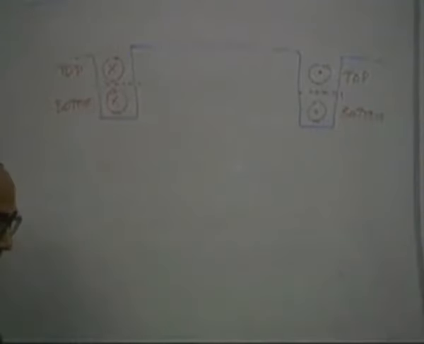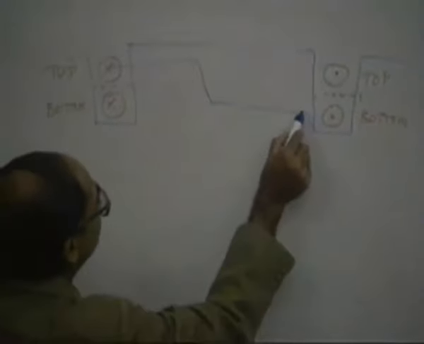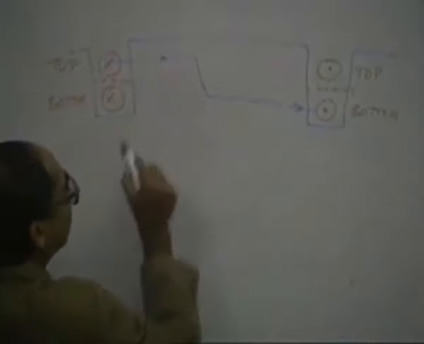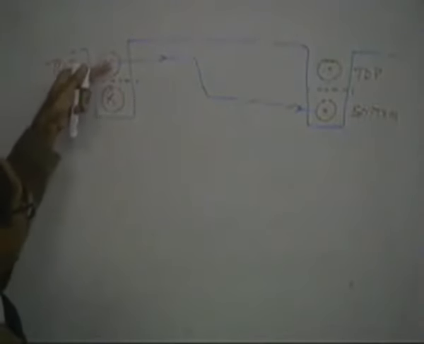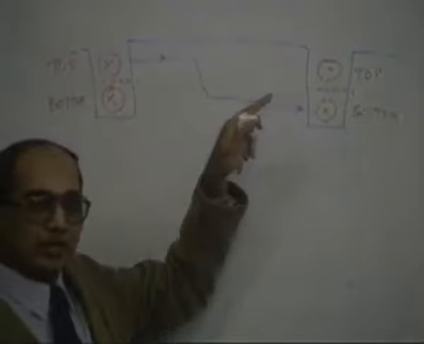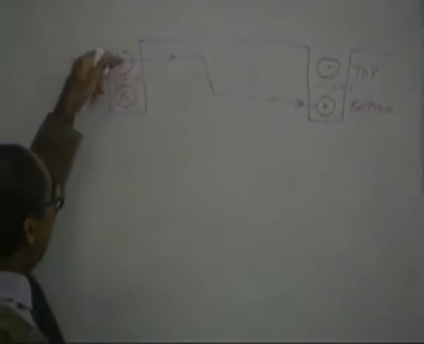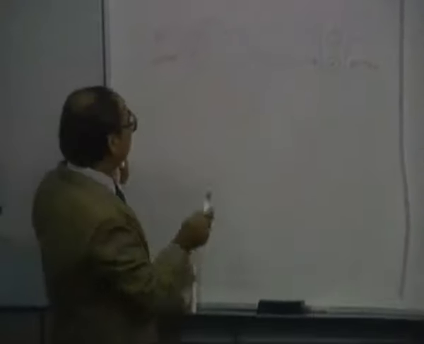Generally it is connected in such a way that this top layer is connected to a bottom layer. So a coil is not such that you have the top layer and the other end is also top. So each coil, one side is placed on top, another is at the bottom.